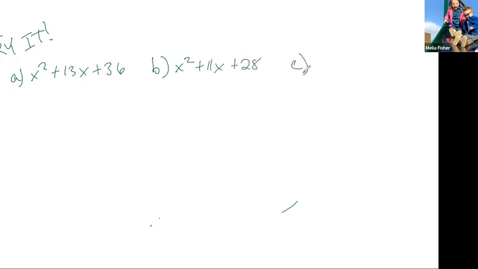C is going to be x squared minus 8x plus 15. And D is going to be x squared minus 6x minus 16. If you need help, I'm happy to walk around and help. But you should do these on your own.